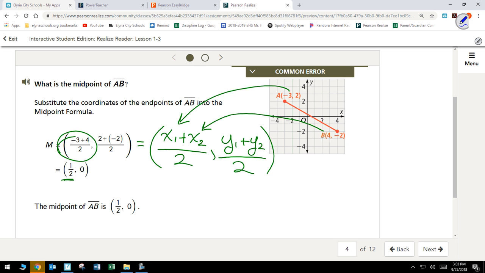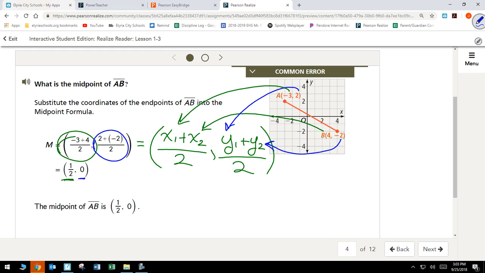And doing similar with the y's, plugging them into our formula, we get this. And we can find the average there. 2 plus -2 is going to give me 0. Divided by 2, still going to give me 0 as my new y value.